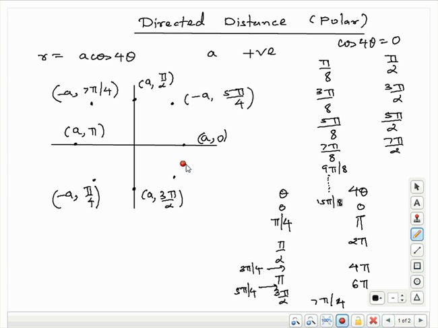That means r is 0. So I have to reach A, but I have to go to 0 also. That means the loop I will get would be like this. I have to reach A, I have to reach back 0. Something like this type of loop.